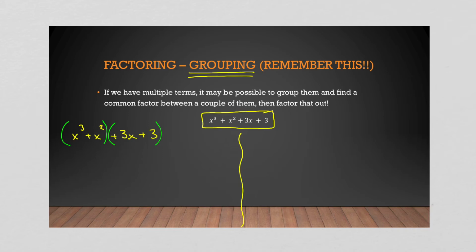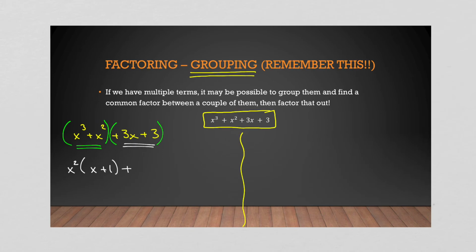But what you do is you factor out something common from that group. Well, what's common to both of those things? An x squared. And what's left? X plus 1. And then what's common to both of these things? A plus 3. And the sign is really important because it gets us back to an addition or subtraction statement and not a multiplication statement.